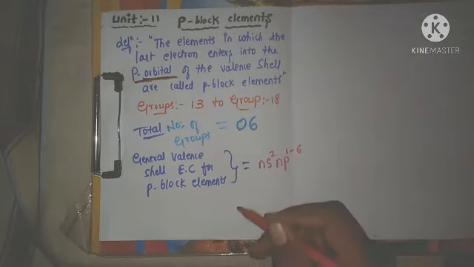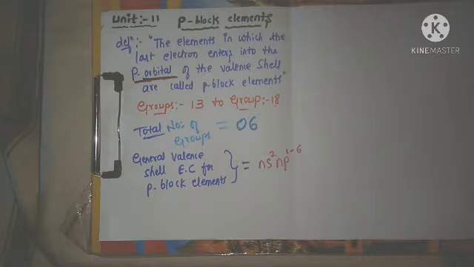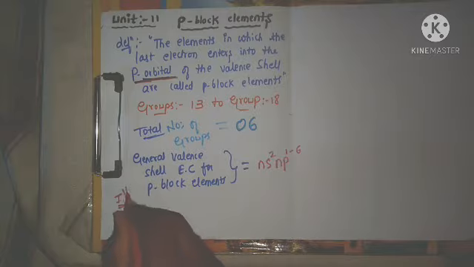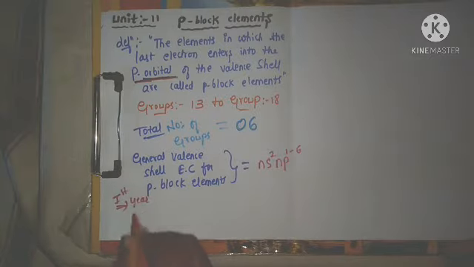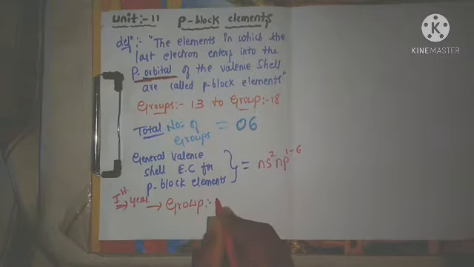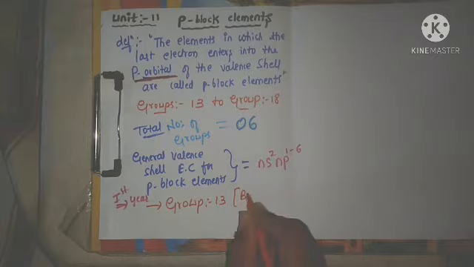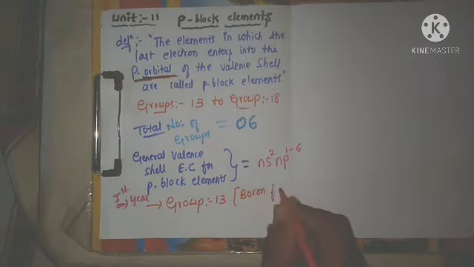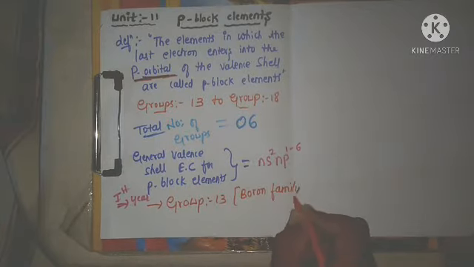Now the introduction part is over. I told already, in the first PUC you are going to study only 2 groups. That is group 13, called the boron family, because the first member of group 13 is boron.